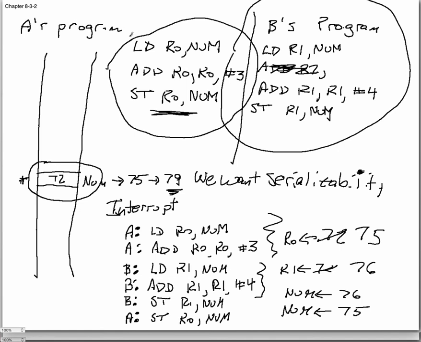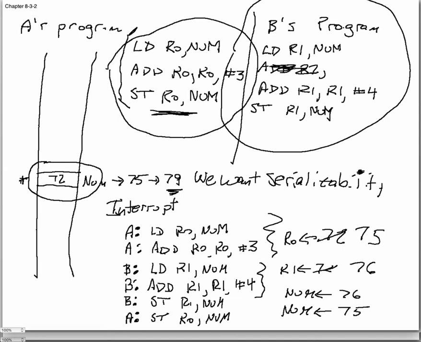Interrupts are something that can be enabled and disabled. And when you're executing certain bunches of critical code, you want to actually disable the interrupts because you don't want this being interrupted in the middle and something else accessing the same resource. In this case, it would be the variable that's called num.